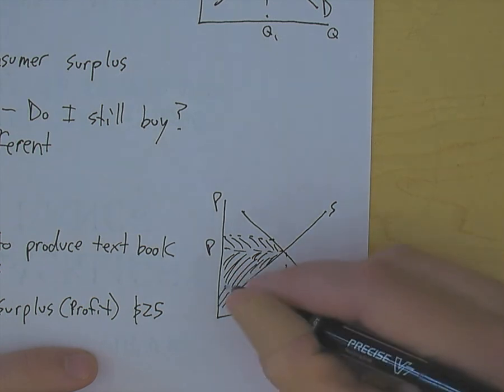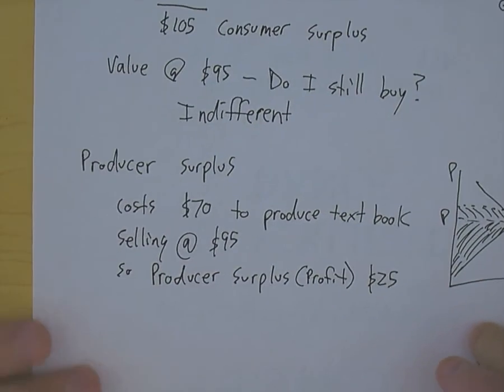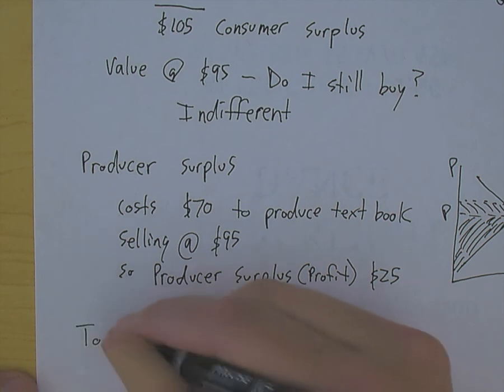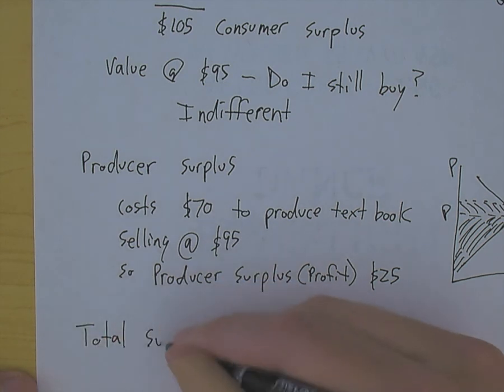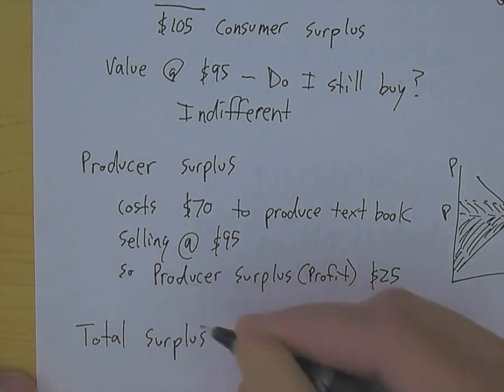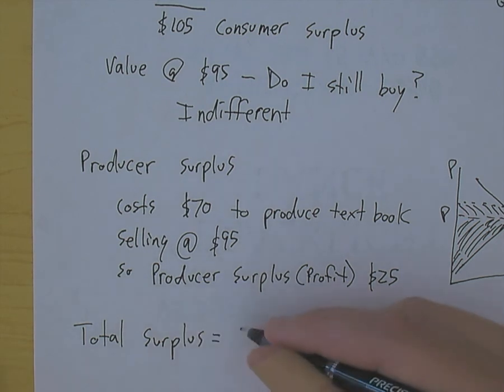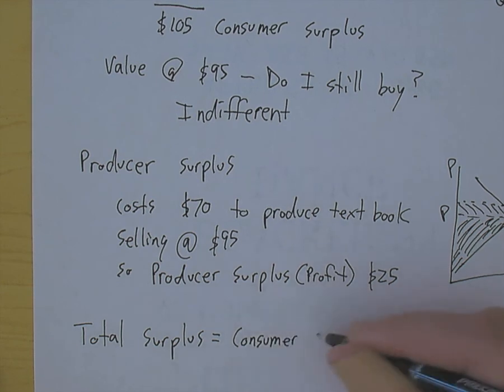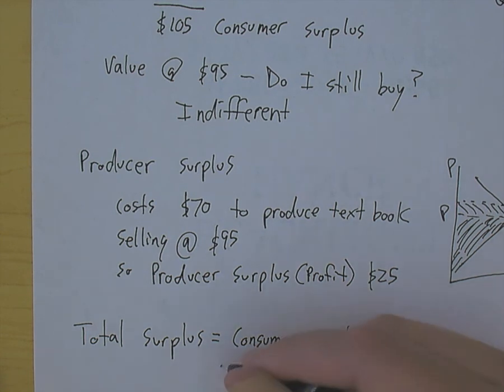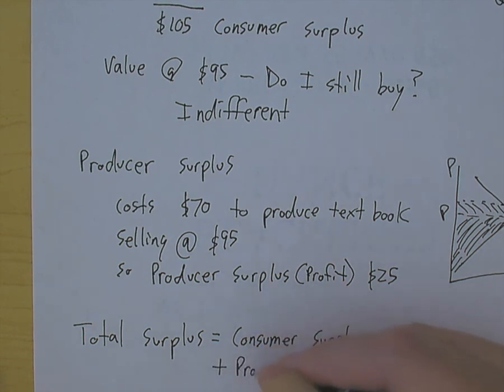So we've got producer surplus, we've got consumer surplus. Total surplus is the name of this chapter. And very simply put, total surplus equals consumer surplus plus producer surplus.